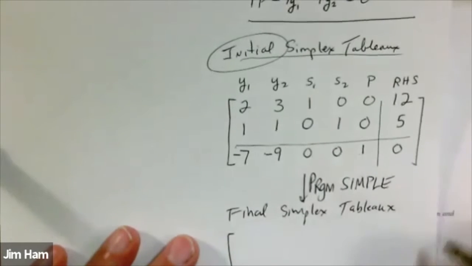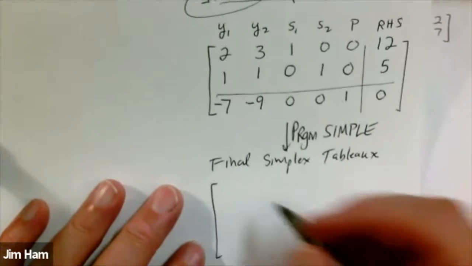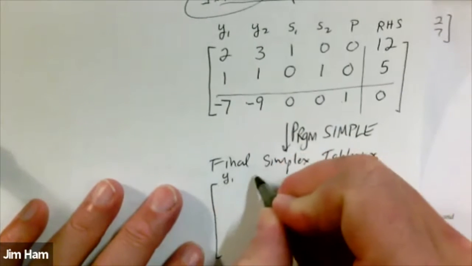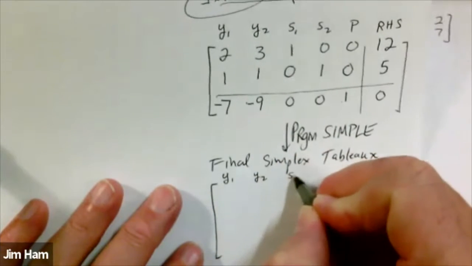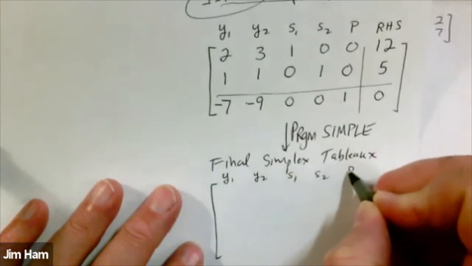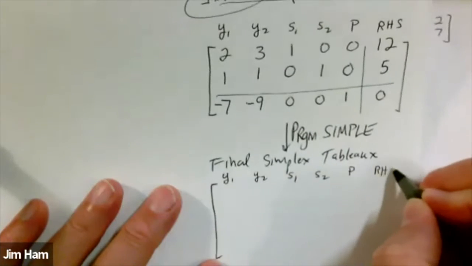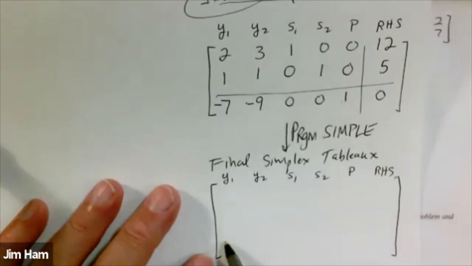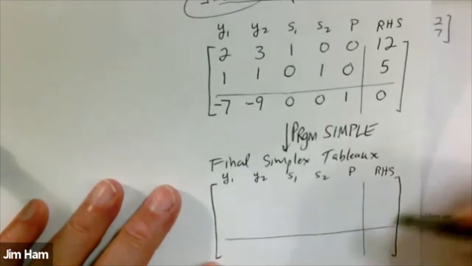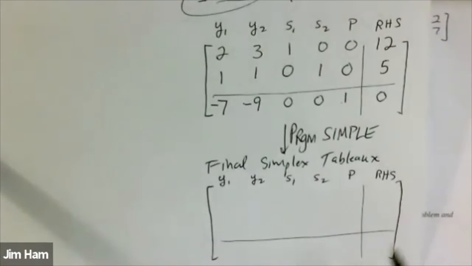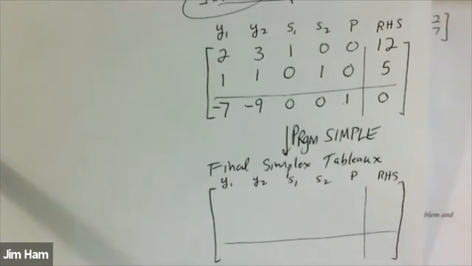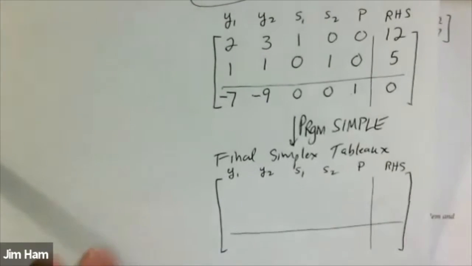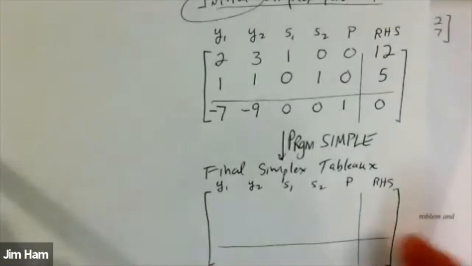All right, so this final simplex tableau will also have y1, y2, s1, s2, p, and the right-hand side. Still have 3 rows. Just going to use elementary row operations to change some of these. And so I'm now going to pull out the calculator and enter in the initial simplex tableau.